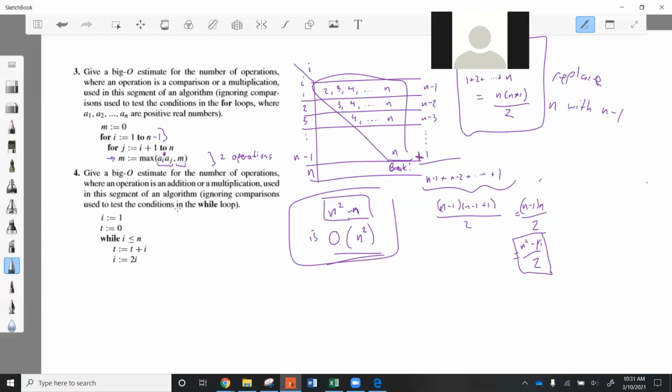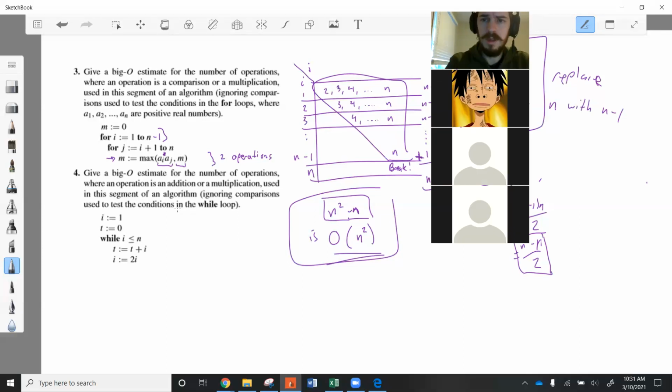In general, if you have 2 nested for loops, you're pretty much always going to end up with n squared, unless it's a different number of times, in which case it might be n times m, if your input is 2 different lists of different sizes.